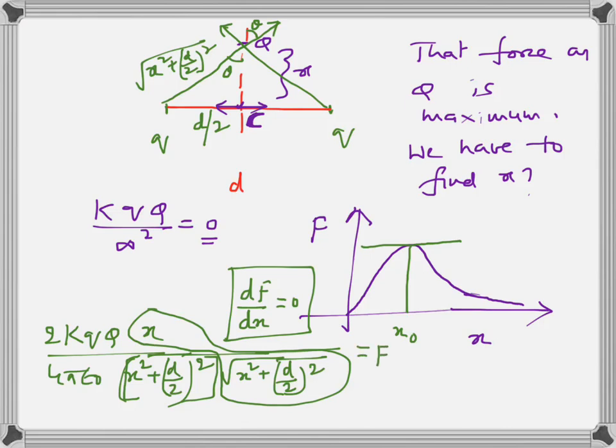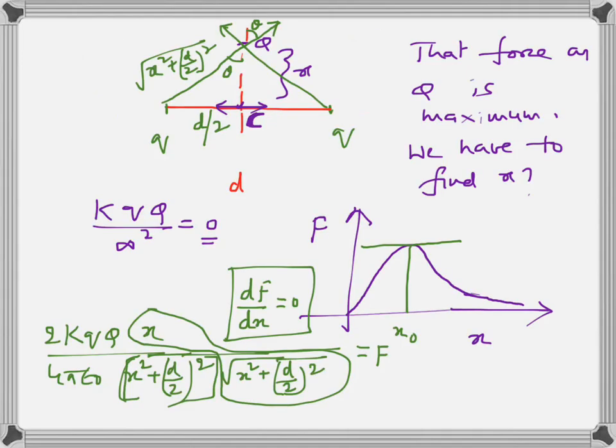Now we have to find the distance x at which this force is maximum. So we must take the derivative of f with respect to x and equate it to 0. Okay, so let's do that on the next page. So I must have d by dx of the force equated to 0.